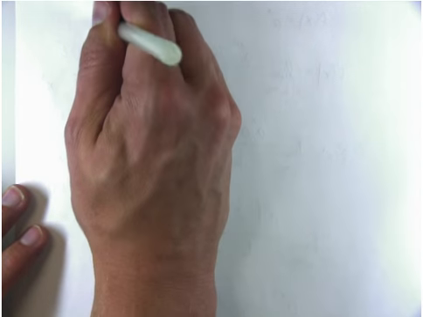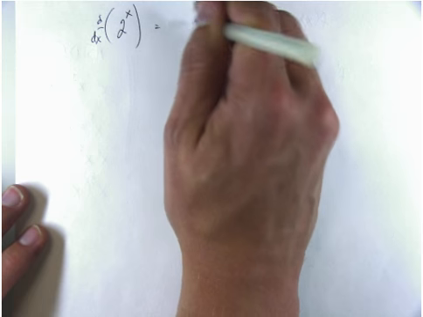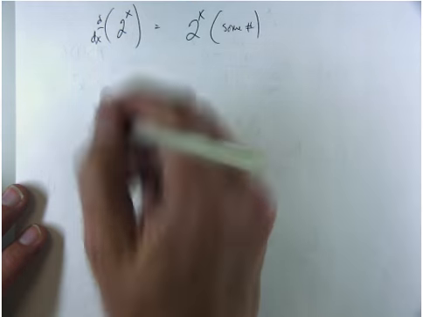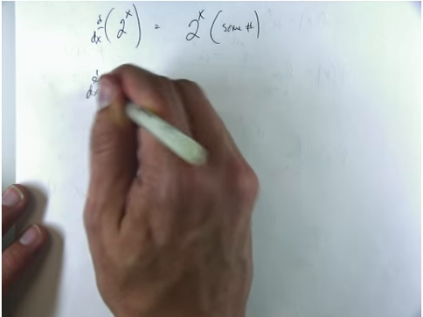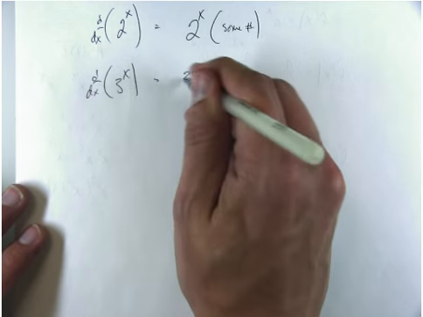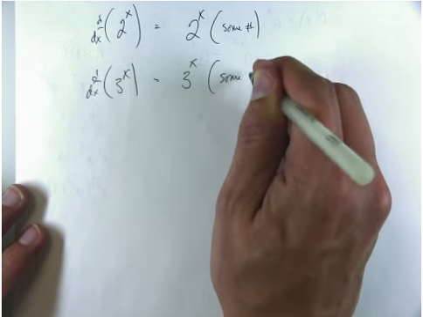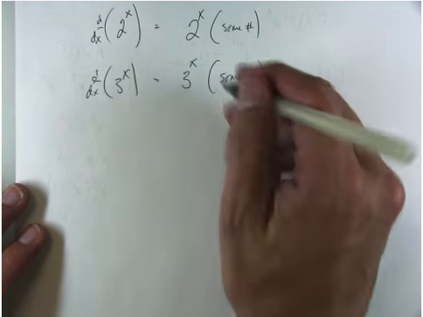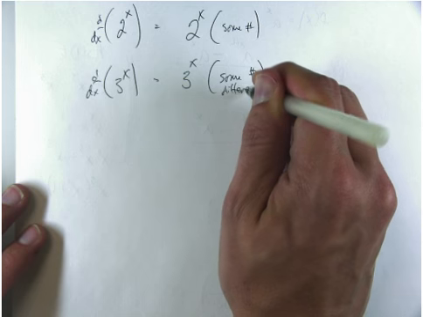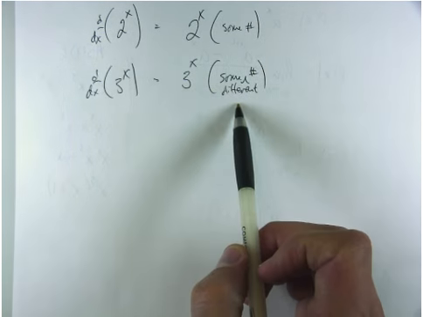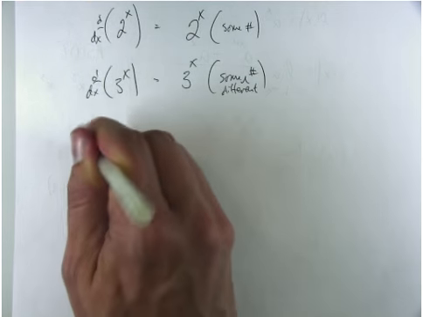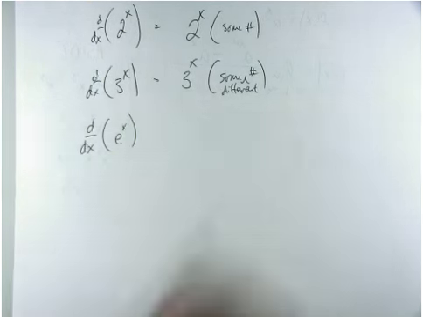So our thinking is that 2 to the x, when we take its derivative, is 2 to the x times some number. And the derivative of 3 to the x is going to be 3 to the x times some different number, right? And the derivative of everybody's favorite, e to the x, right?